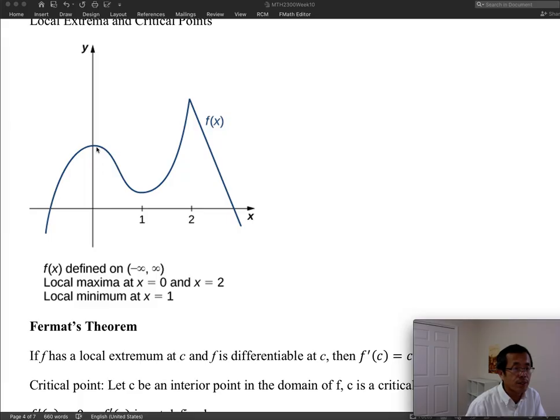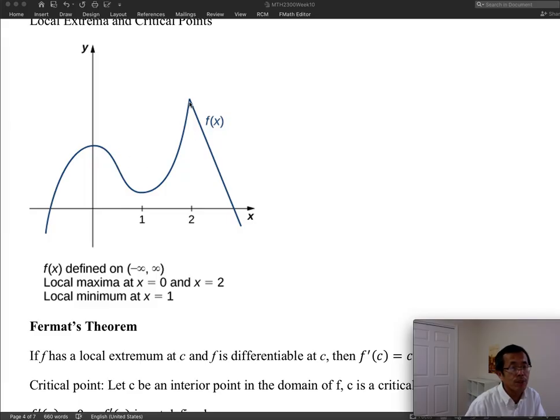Similarly, at x equals 0, it is a highest point around 0. If you look at the other side, there are other values higher than the value at x equals 0, especially on this side. Still, we want to recognize this as the highest point around 0, so we call this a local maximum.